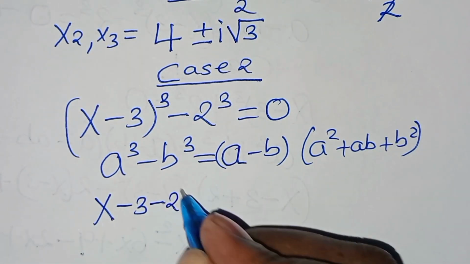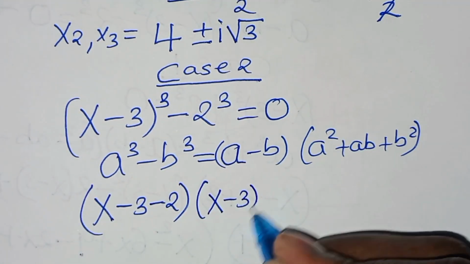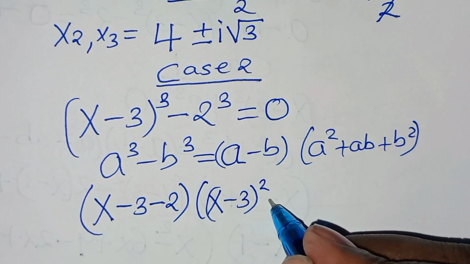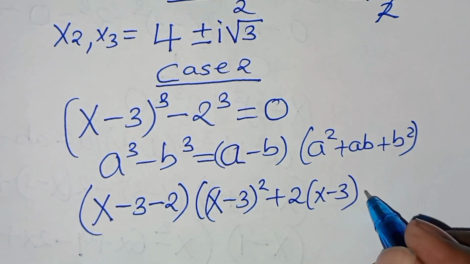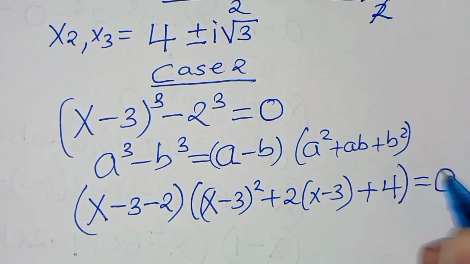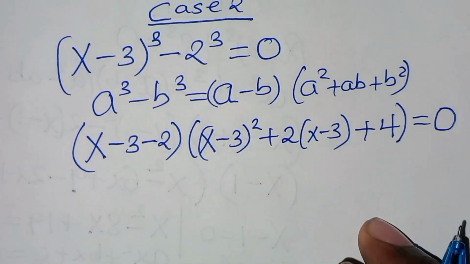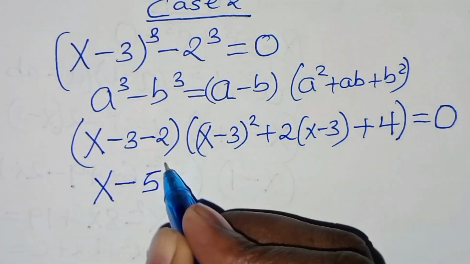subtract 2. Then here we have x minus 3 raised to power 2, plus we have 2 times x minus 3, then plus 2 squared, which is 4, close the bracket, this is equal to 0. So here we have x minus 5.